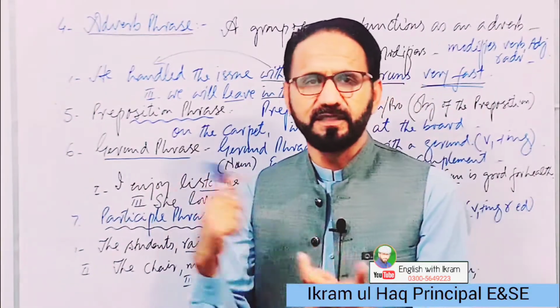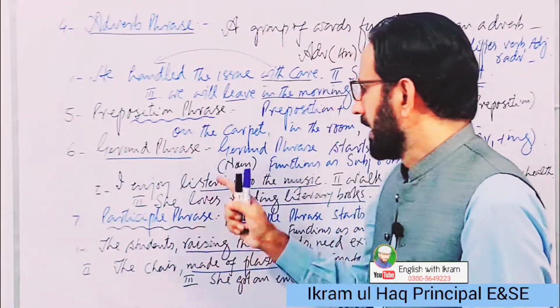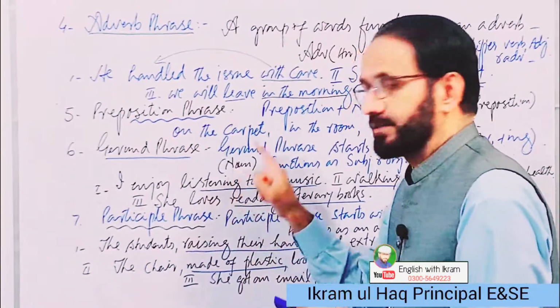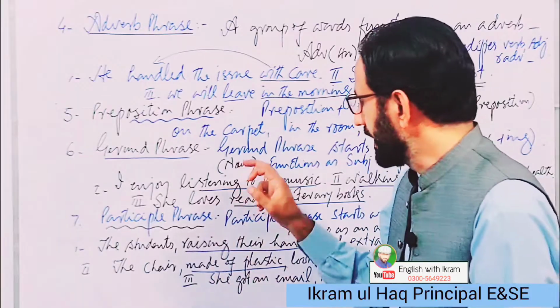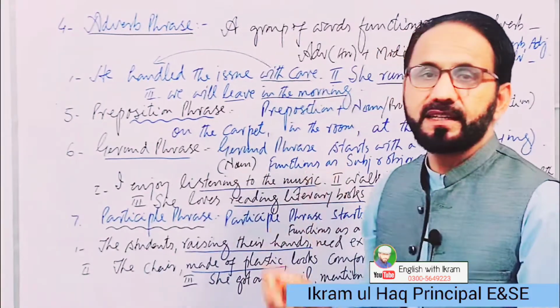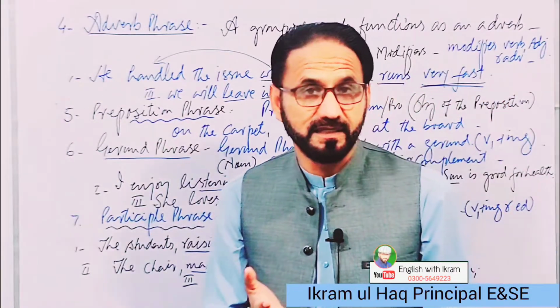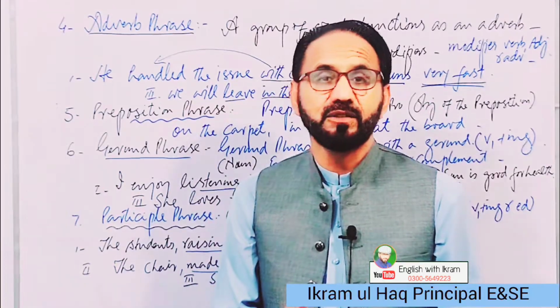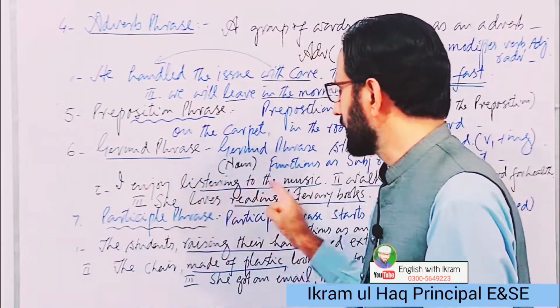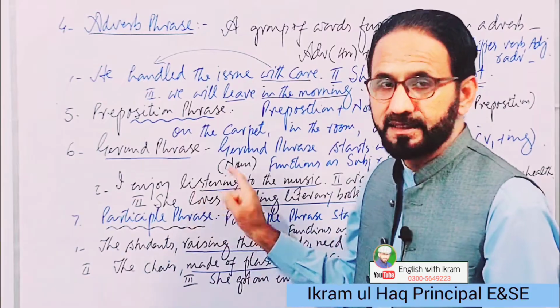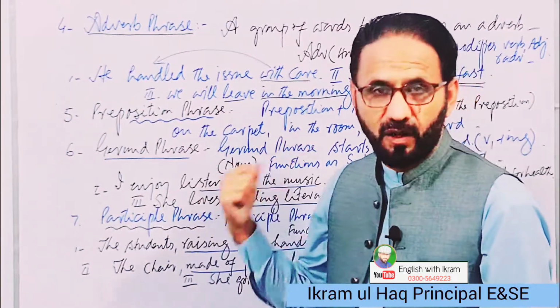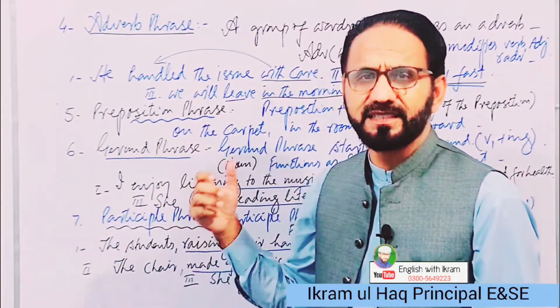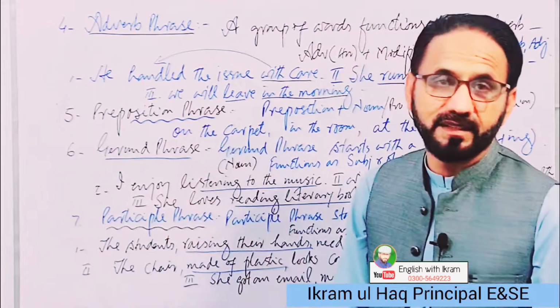This आपने replace कर लिया इसको. I enjoy listening, gerund V1 plus ing. Gerund listening to the music, it's a noun. I enjoy what? I enjoy listening to the music. In this sentence, this group of words that start with a gerund is a noun, the object of the sentence. This is a gerund phrase.